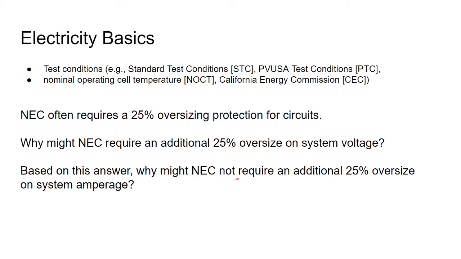And so NEC might not require an additional 25% oversize on top of its standard 25% oversize if you're using module level panel electronics, but it would if you're not using module level panel electronics.